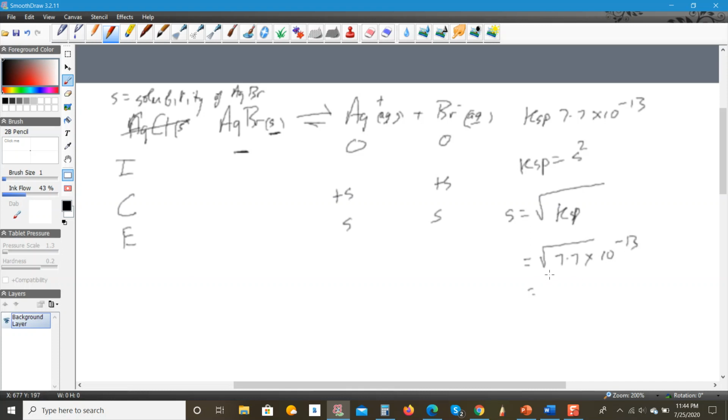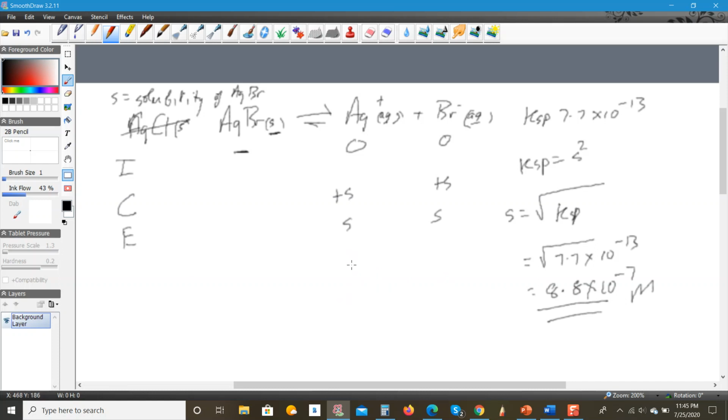And according to my calculations, the square root of that would be 8.8 times 10 to the minus 7 M. All right, so that's the molar solubility of silver bromide in pure water.